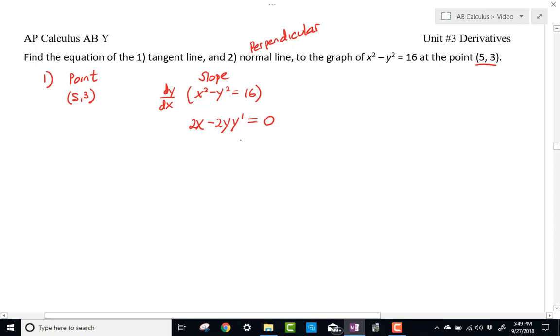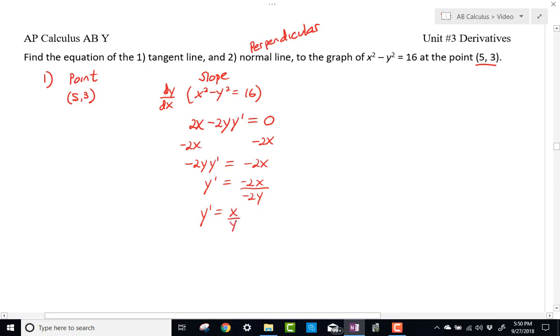We could solve this for y prime just like we did before, which might be easier, so I'll do that first. We subtract 2x from both sides. That leaves us with negative 2y, y prime, equals negative 2x. If I divide out the negative 2y on both sides, I get y prime equals negative 2x over negative 2y. And so y prime turns out to be equal to x over y.